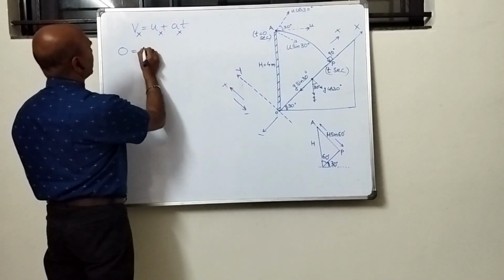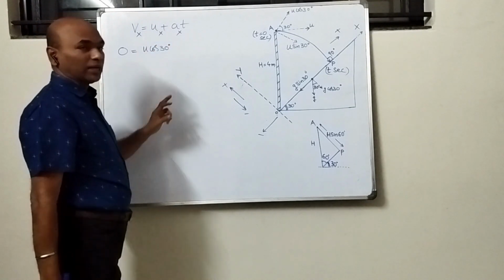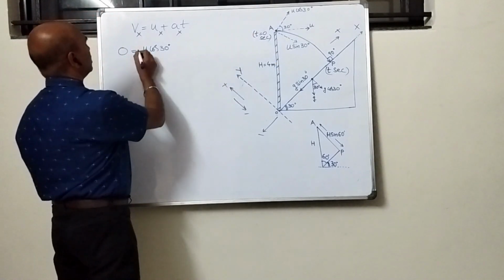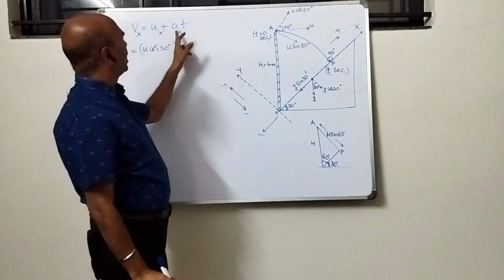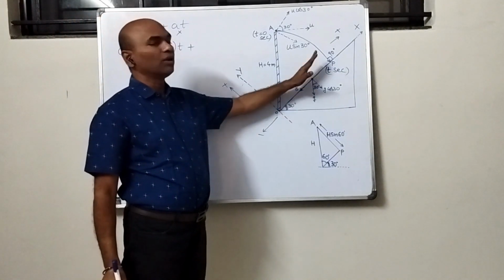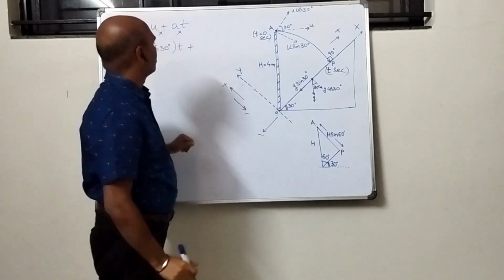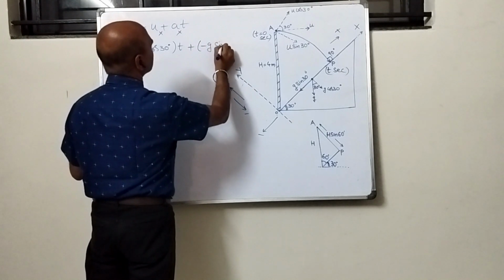The sign convention gives it positive because it is along the positive x-axis. Now the acceleration along the x-axis acts along the negative x-axis, so it must be negative: minus g sin 30.